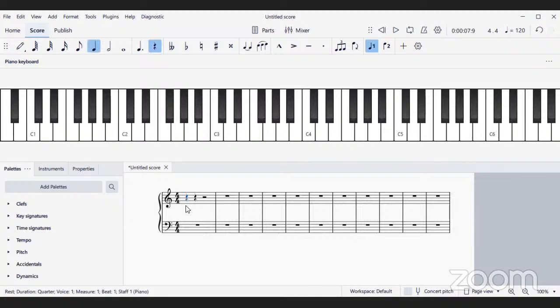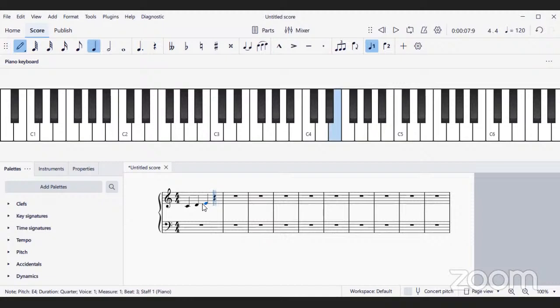Now our position on C. Now, this is just one beat. The same note.